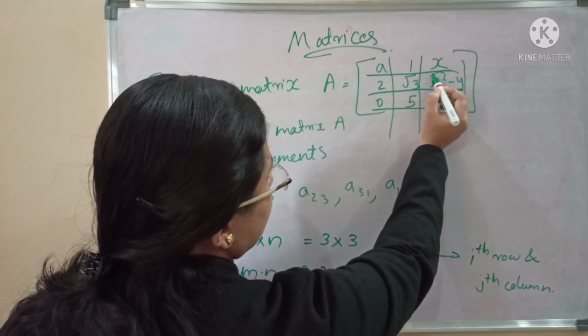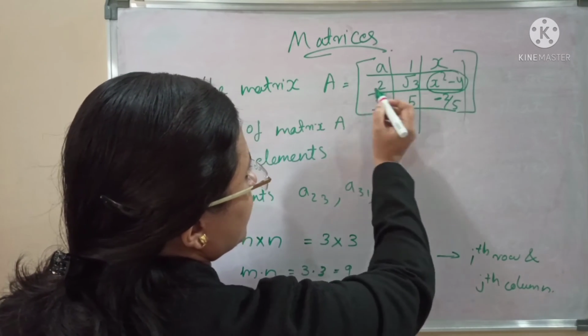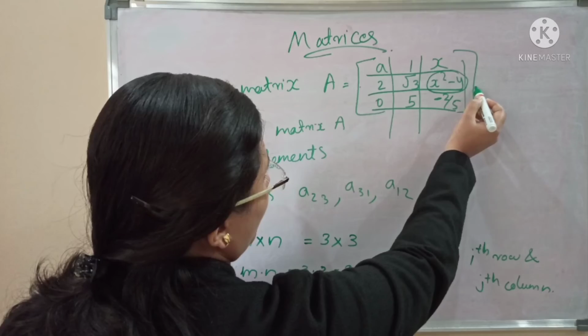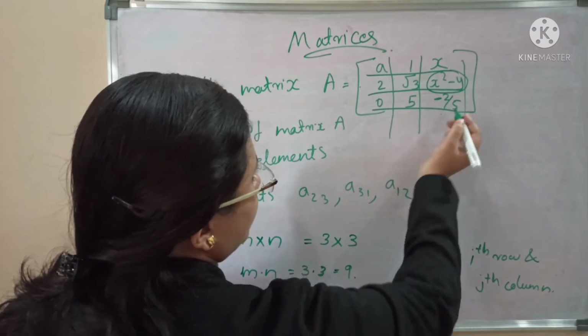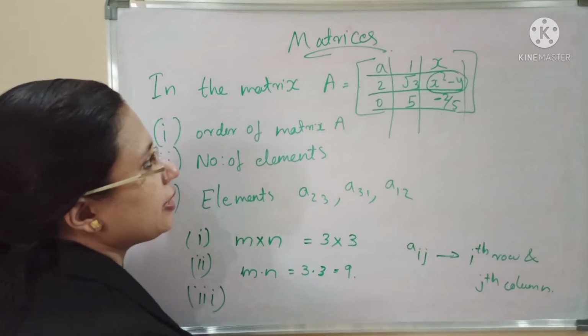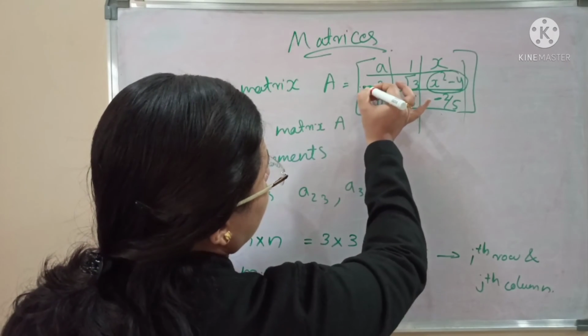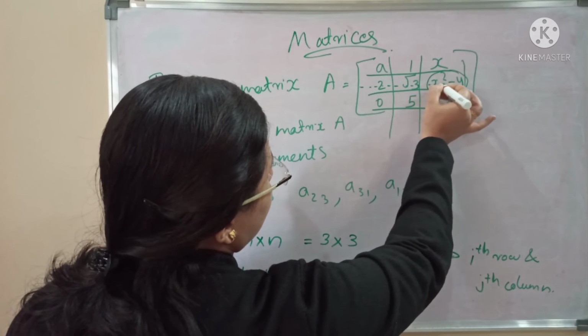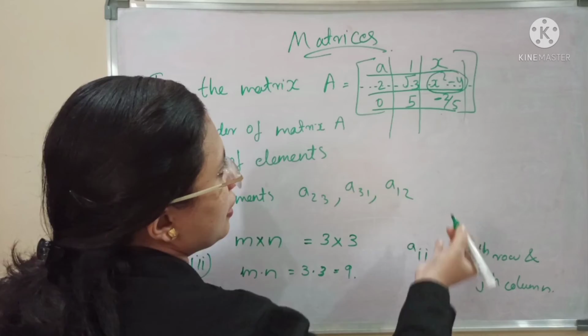So the element is this, right? This is second row, third column. If you have any confusion, you can mark it using a pencil.